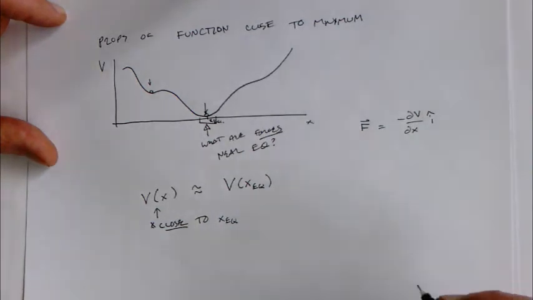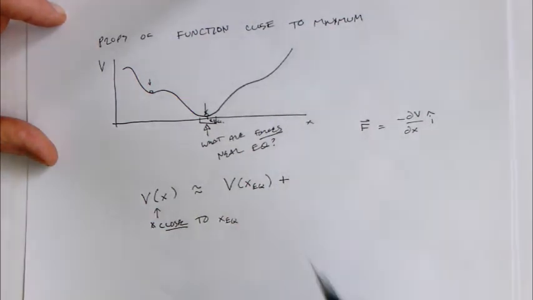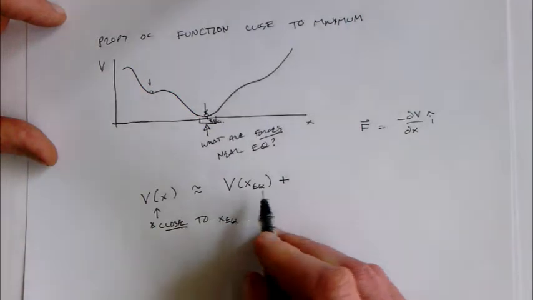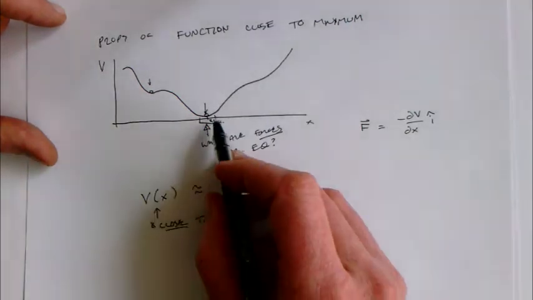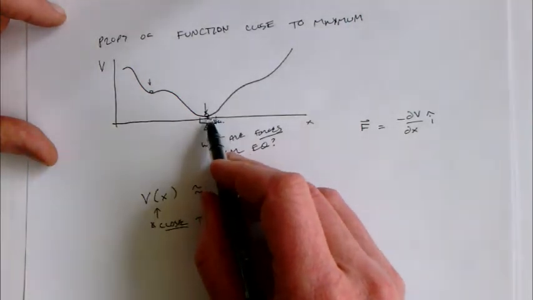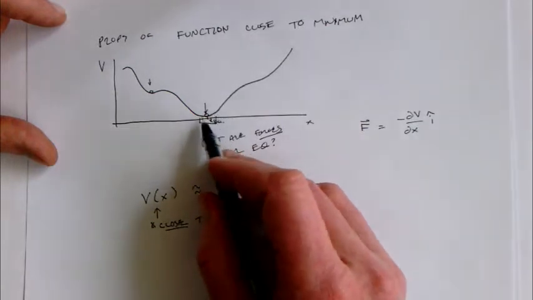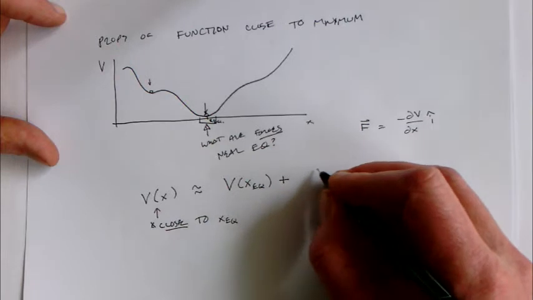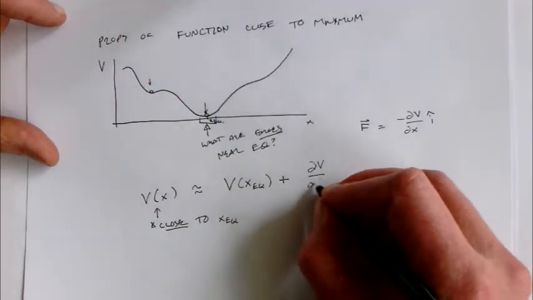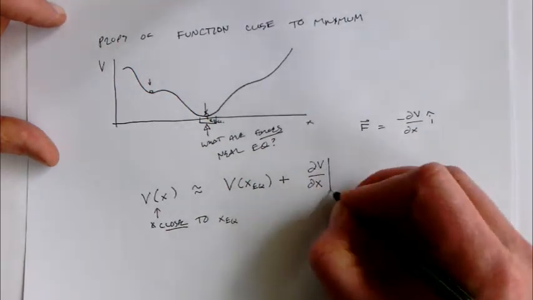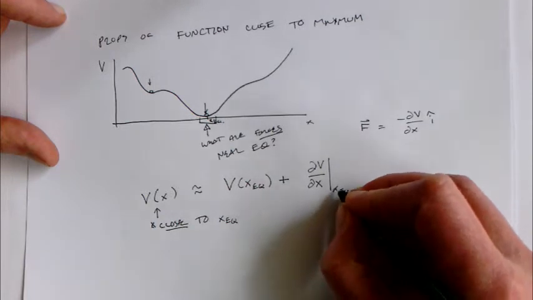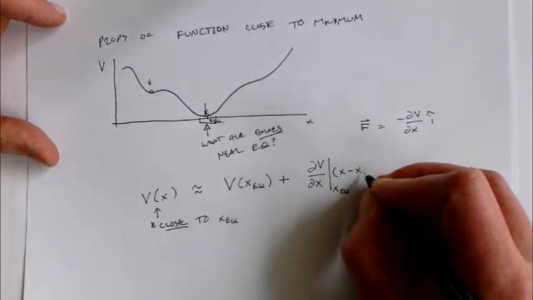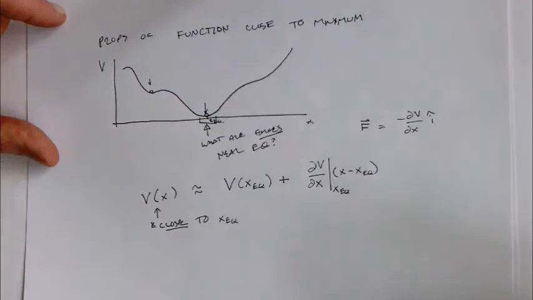My next term in the expansion: I could do a little better than saying the value a little bit away from x equilibrium is the same. Maybe I could take the slope of the function into account. So I could say it's that plus the partial of the function with respect to x, evaluated at x EQ, times x minus x EQ.